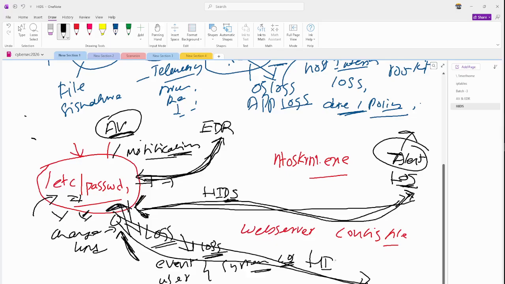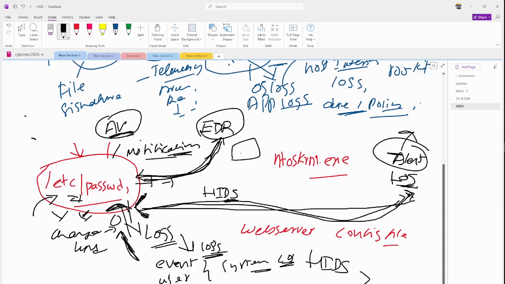That is what HIDS will be doing. EDR will not check the logs here. It will check the execution process: where the process is going, what memory it is handling, who is handling it, who the publisher is. It does all that analysis, and it will check the signature.